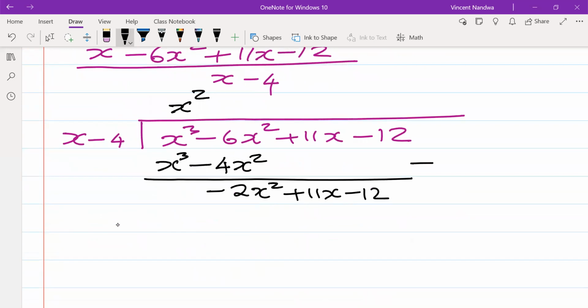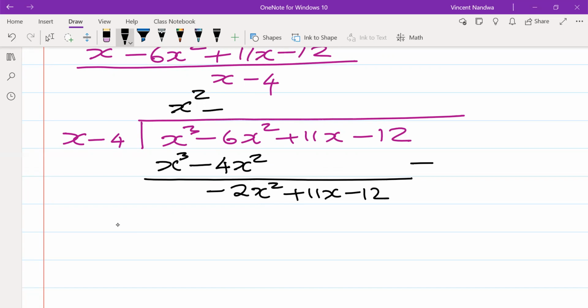Next, you look for a number that when you multiply by x, you get minus 2x squared.